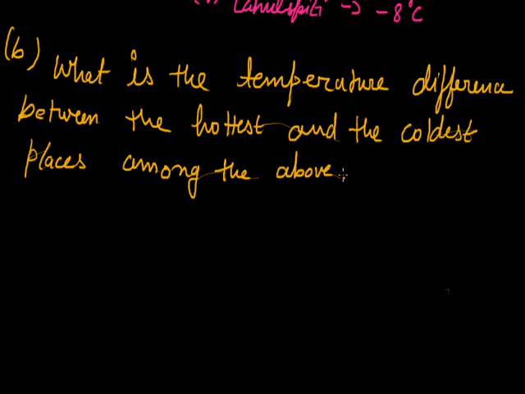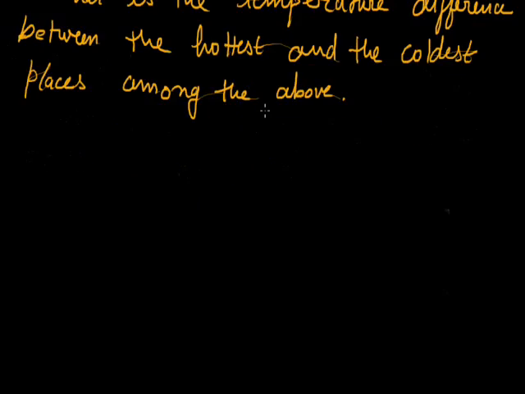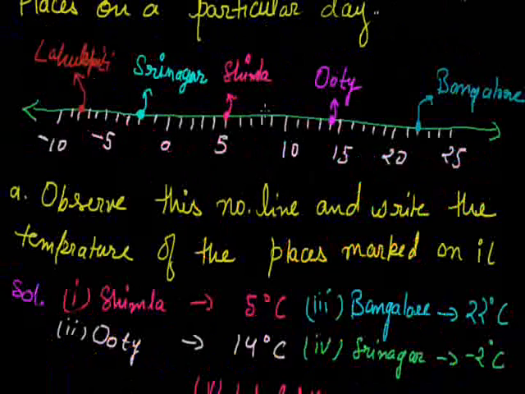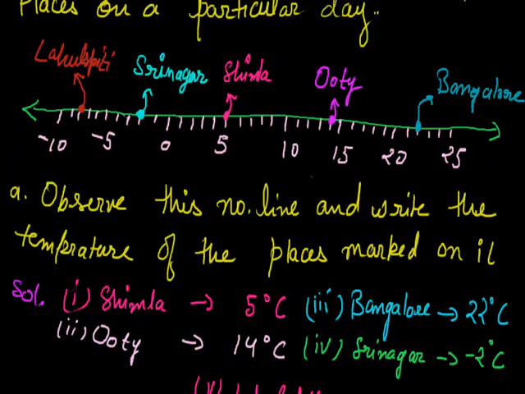That is, we have to find the difference between the temperature which is at the hottest place and which is at the coldest. Now if we see the number line, we can see that Bangalore is the hottest place, since it is on the rightmost side of the number line, and Lahul Spiti is the coldest place since it is on the leftmost side of the number line.